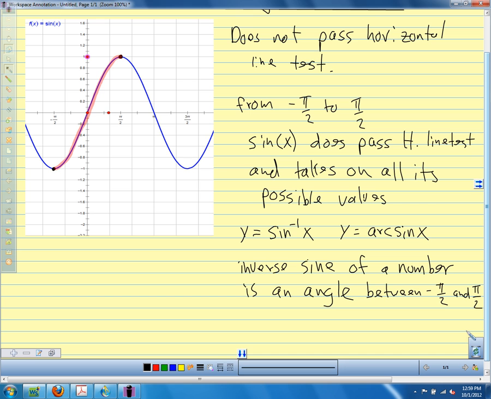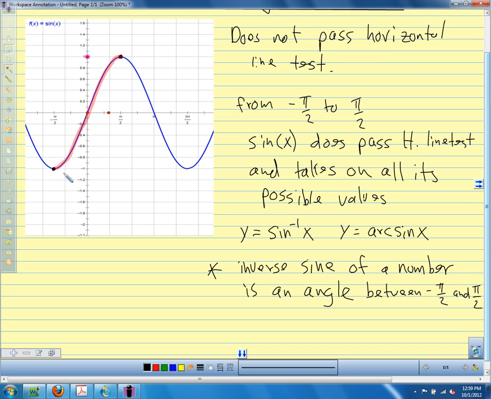So when we evaluate an inverse sine function, we're looking for an angle between minus pi over 2 and pi over 2. So let's look at a couple of examples, using our unit circle, of finding exact values for the inverse sine function.